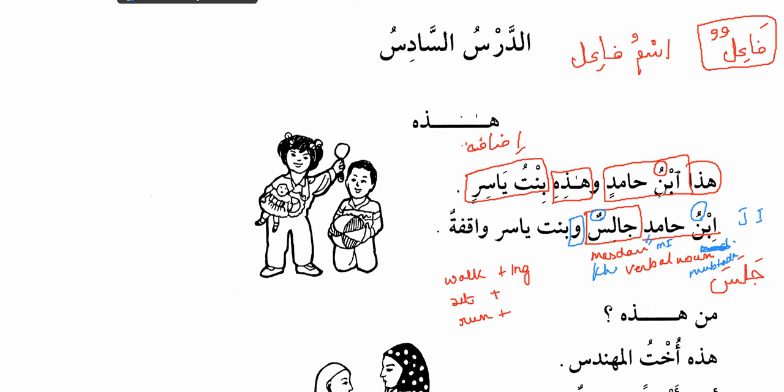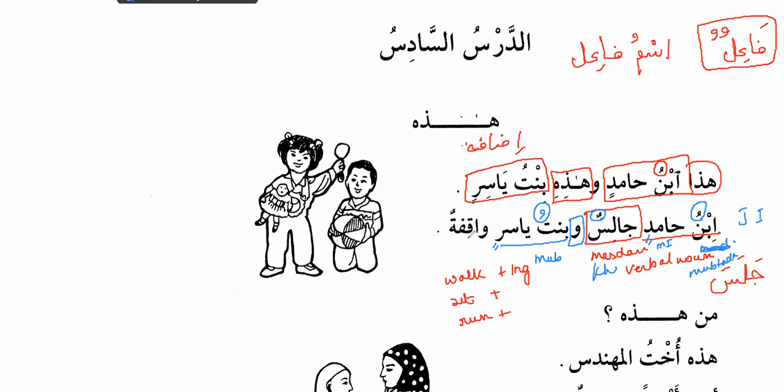Atf means whatever is before the wow will be the same after the wow. If there is a jumla ismiya before the wow, after the harf atf a jumla ismiya will come. So bintu, since it's a mubtada, and Yasirin is an Arabic name and it is an idafa, we will concentrate the haraka only on the mudaf.